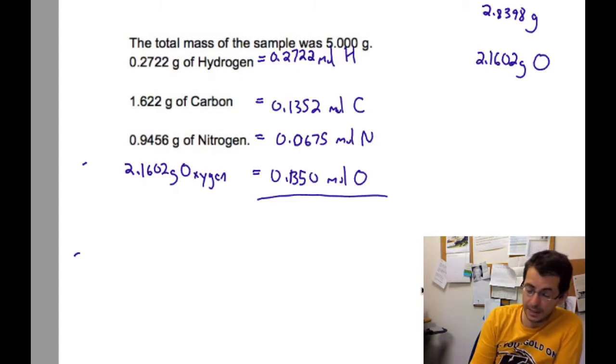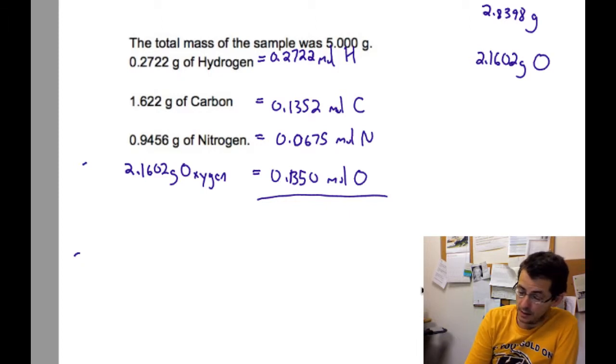So you get down to the end, and you see that from your mole percentages that the nitrogen is present in the smallest amount. So if we take the moles of hydrogen and we divide it by the moles of nitrogen, that'll give us the hydrogen to nitrogen ratio.